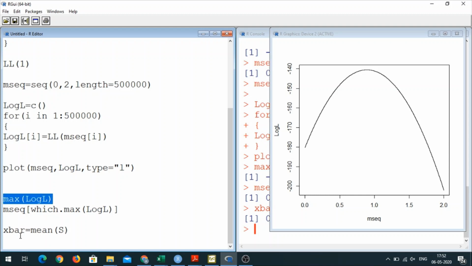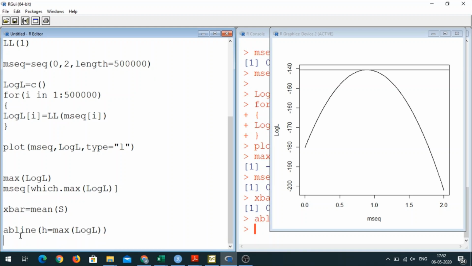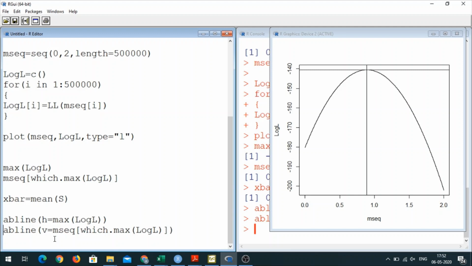So for the maximum of log likelihood, I will draw a horizontal line there, so abline h equal to this, and then abline v equal to the point at which the maxima is attained. Okay, so this way I am indicating the maxima in the graph.